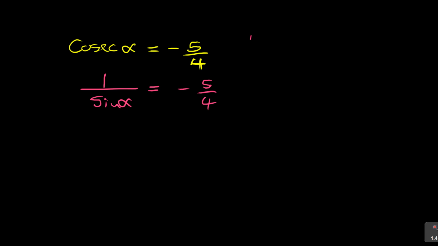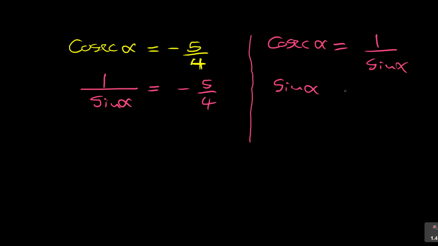The easier way to remind yourself is that remember these, we call them the inverse functions. If I say cosec alpha is the same as saying 1 over sine alpha, and then if I say to you sine alpha is also the same as saying 1 over cosec alpha.